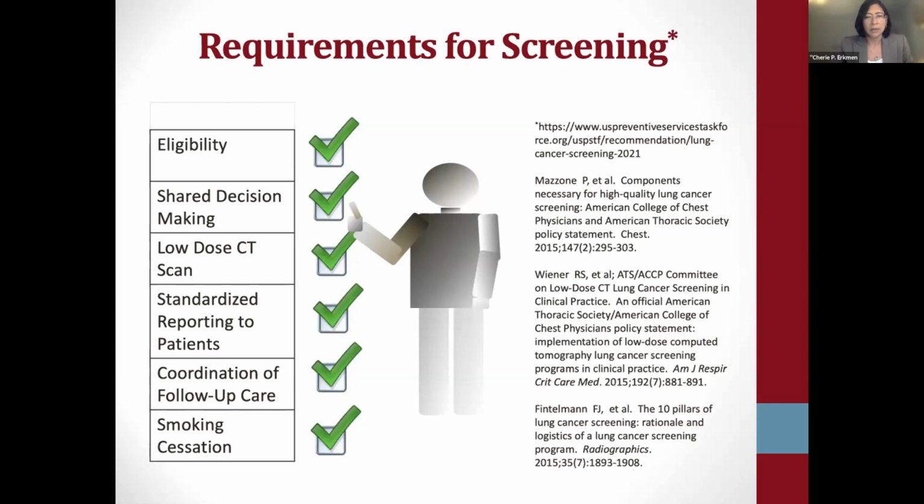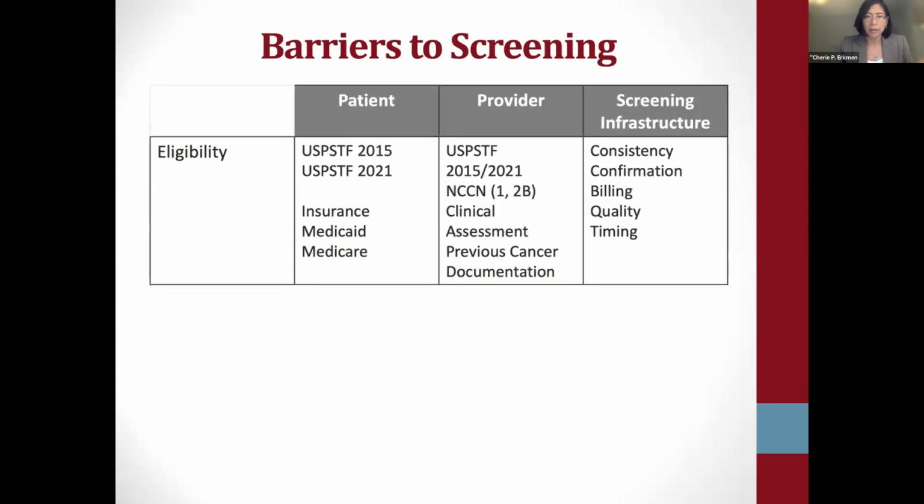But really looking at what we're responsible for in terms of billing: eligibility and confirmation of that, shared decision-making, low-dose CT, standardized reporting to patients, coordination of follow-up care, and smoking cessation, just as Dr. Ceppa lined up. But each of these requirements can turn into a barrier.